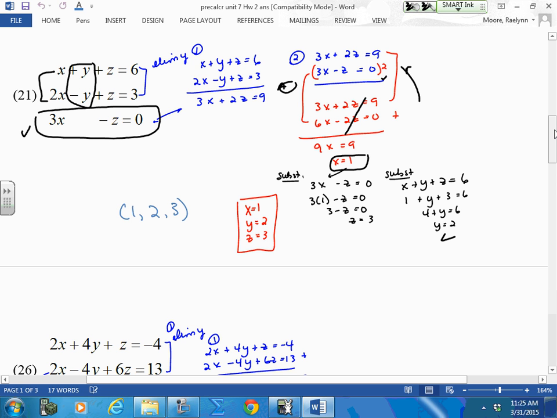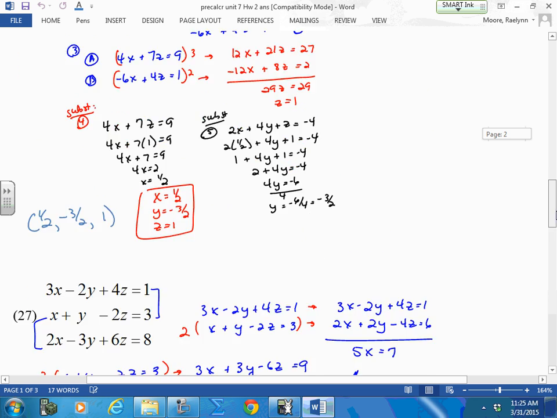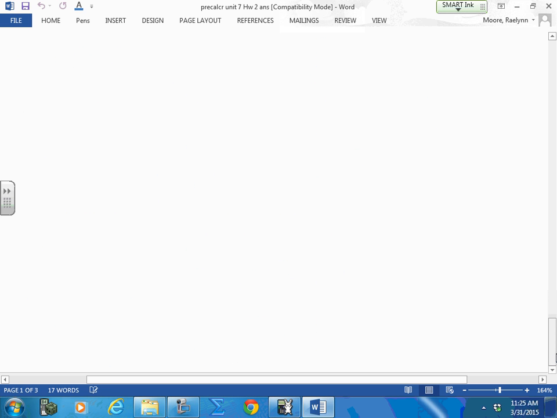I'll walk through the next one from start to finish. So this way we walk through one of them. Let me see if I can get a blank page here. Alright, let's walk through this.